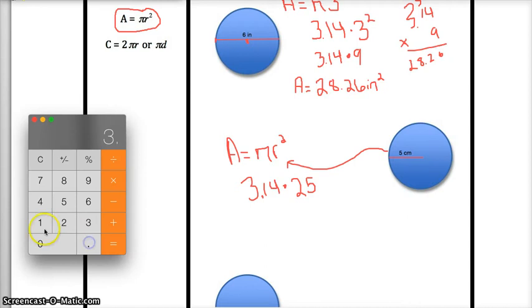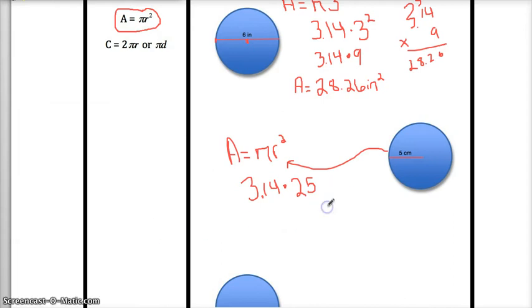3.14 times 25 is 78.5. So I get 78.5, and this one was centimeters. 78.5 centimeters.